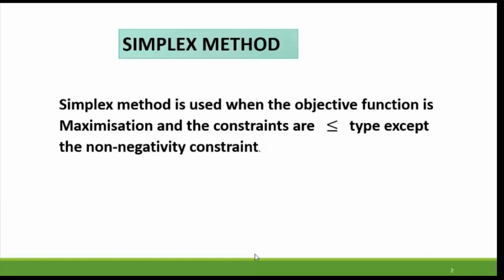Okay, so when to apply a simplex method? Simplex method is used if the objective function is maximization and all the constraints are less than or equal to, and the right hand side has to be positive, except the non-negativity constraint. The last constraint, what we write, x1, x2, x3 greater than or equal to 0.